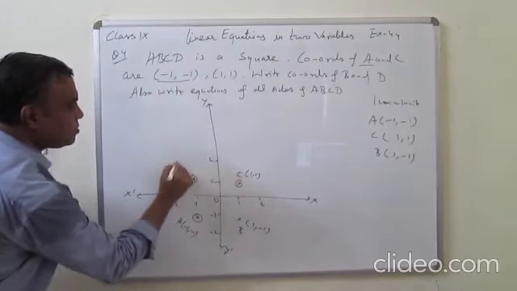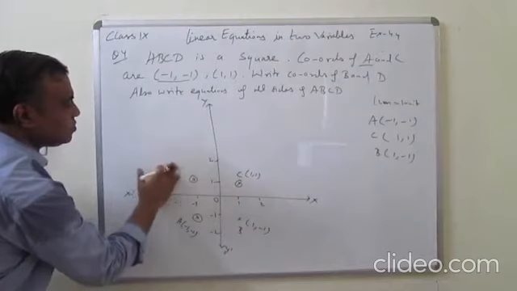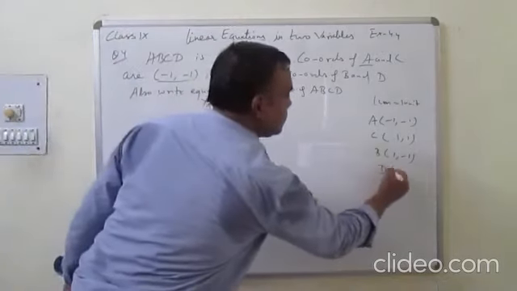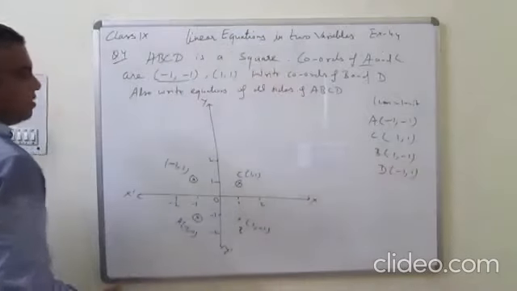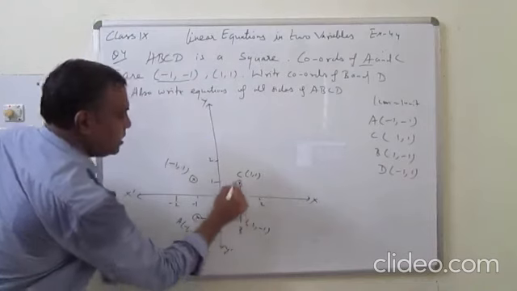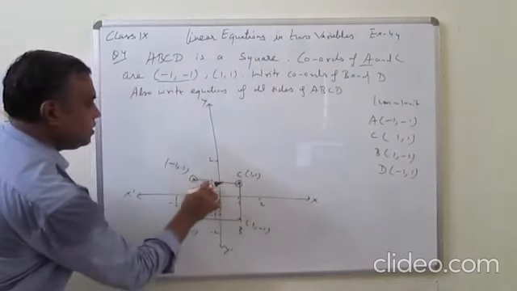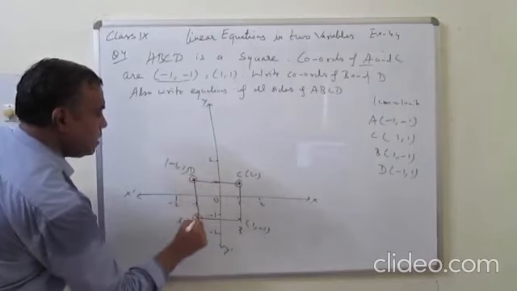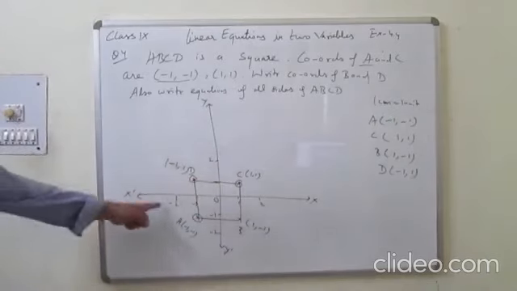So D becomes (-1, 1). Now join the points A to B, B to C, C to D and D to A. It is a square.